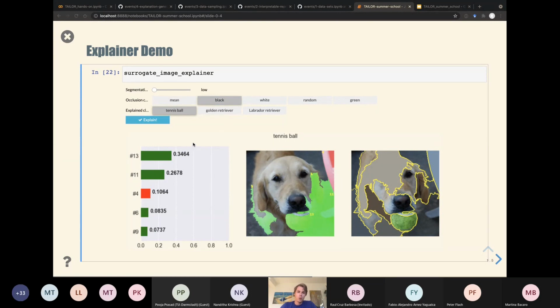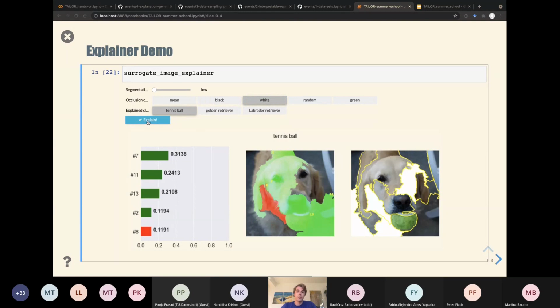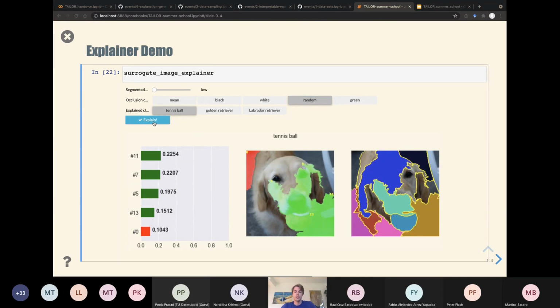And if you look at the left panel, you will see that once I hit explain, the explanation will actually change. And in some cases, the change is quite drastic. So this means that choosing a different color, and here it's a random color, generates different explanations. So you need to make sure that you know what you're doing when choosing the occlusion color when building your surrogate explainer of image data.